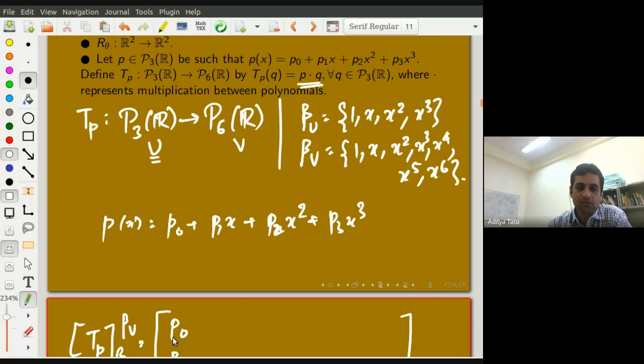Next, what is the second basis element? Second basis element is x, right?